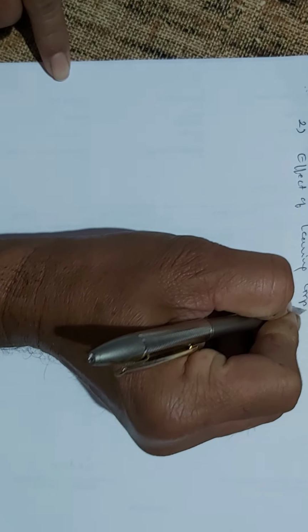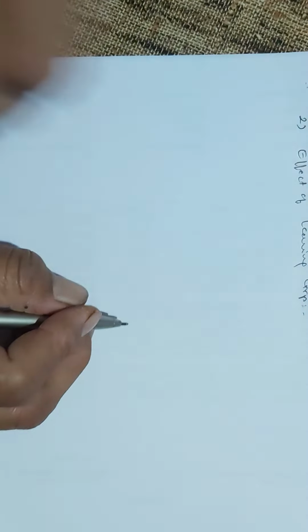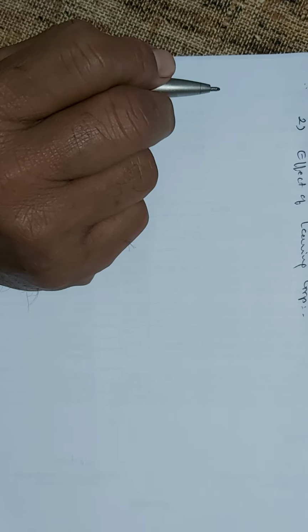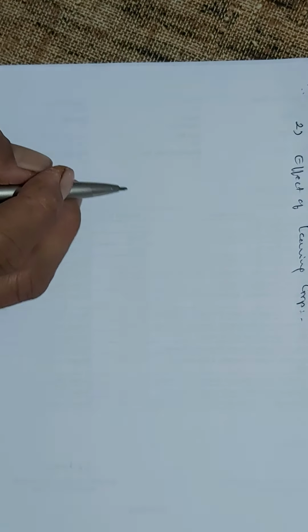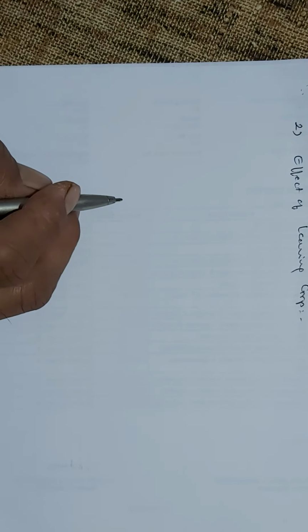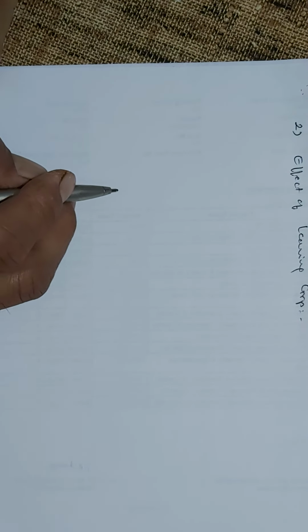In any reaction, SN1 or SN2, an alkyl group and a leaving group are present, and so the leaving group plays a vital role, because in both reactions the C-X bond is broken in the first step only, and that is the rate determining step. So how does it affect the rate of the reaction?